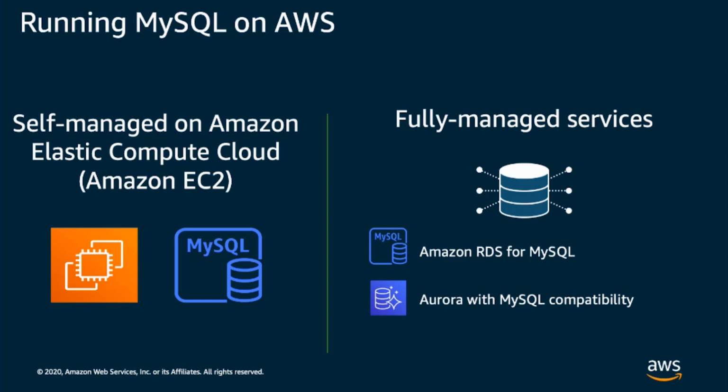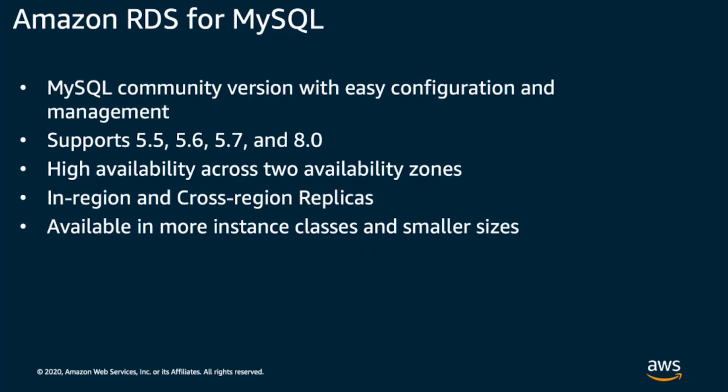But today we are mostly talking about RDS MySQL. So when you're thinking about RDS MySQL, the database engines are based on the MySQL community version with a management layer around it. In RDS, we provide MySQL all the way from 5.5 to 8.0, and you get high availability across two availability zones.